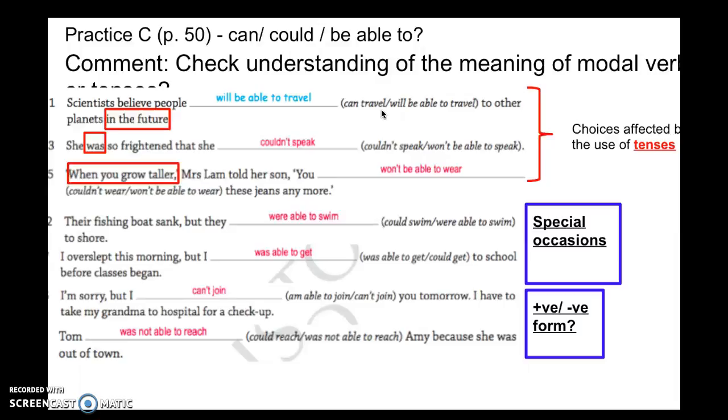In reality, we found that it's more on testing students' understanding of the use of tenses in the questions, and the other four questions are more on special occasions, like the fishing boat sank, where they're asked to use be able to according to what they said in the book, that be able to is used for special occasions.